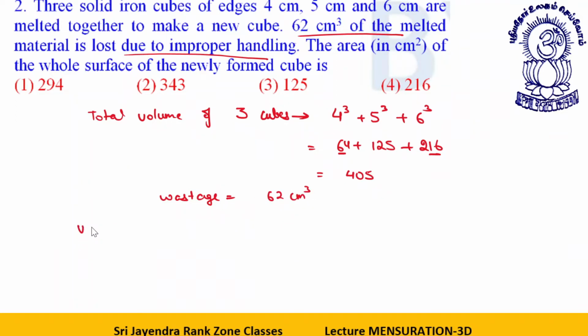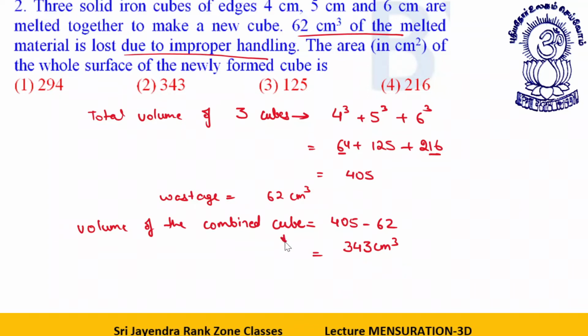So, volume of the combined cube. What is the volume of the combined cube? That will be 405 minus 62. Okay, so that will be what? 343 centimeter cube.